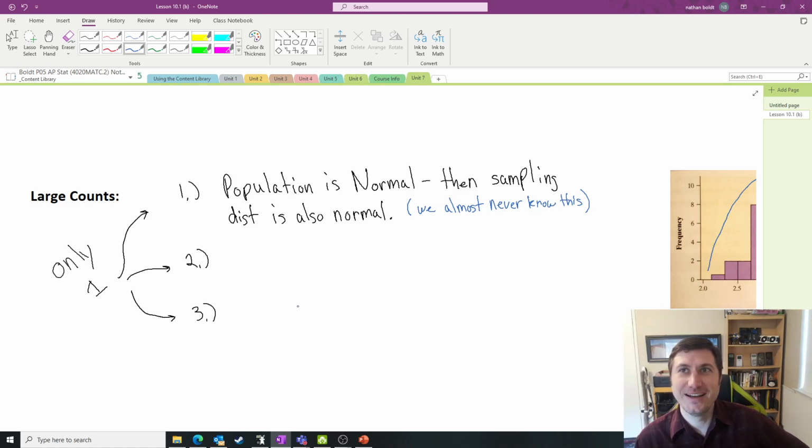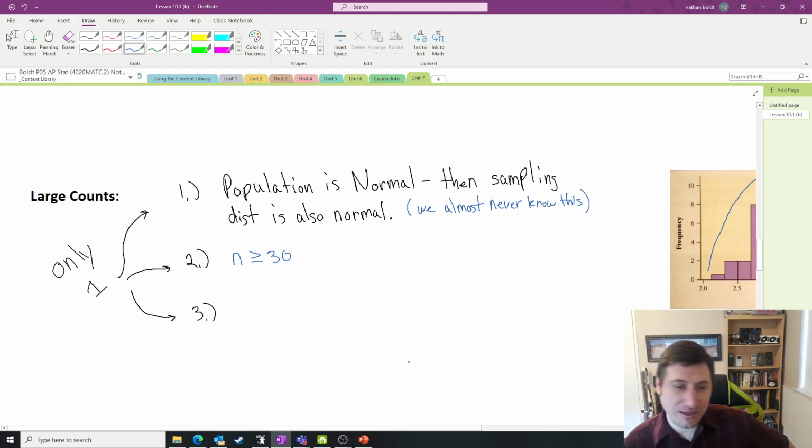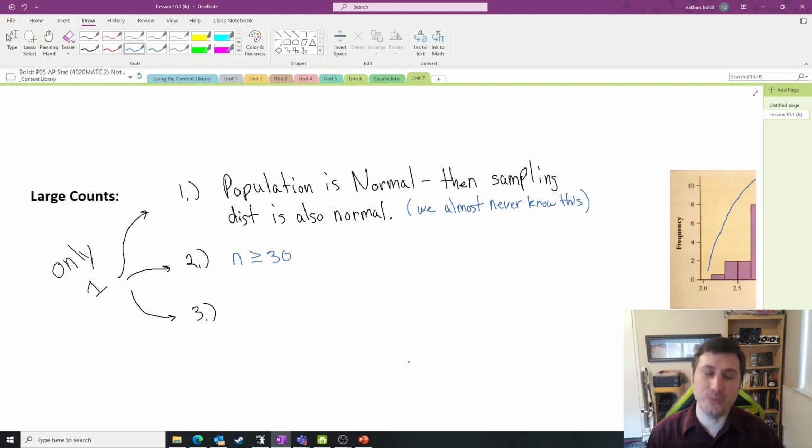Angel, yes. I'm going to yell at both of you, though. You and your pronouns. But yes, Angel, you are right. If the sample size n is greater than or equal to 30, the sampling distribution will be normal. Equal is okay as well.